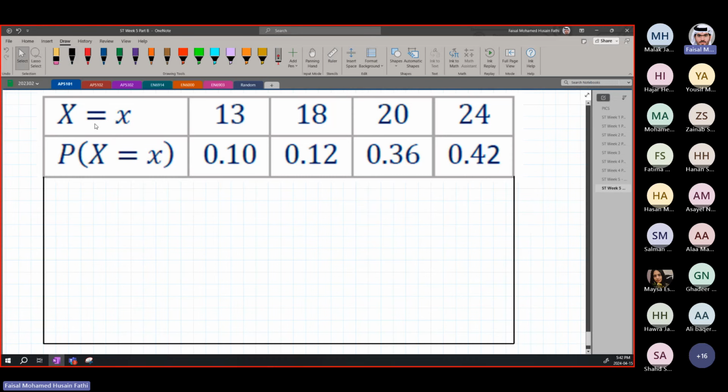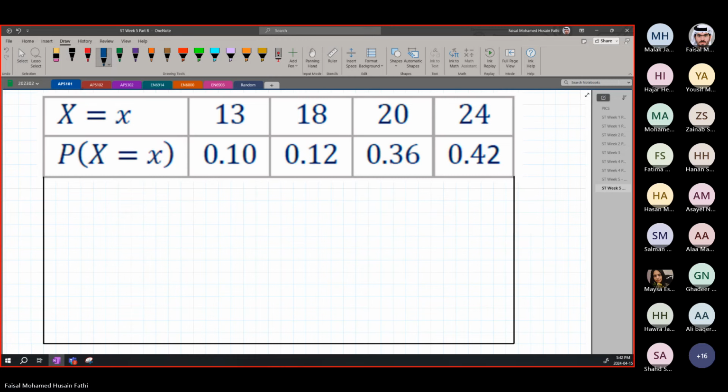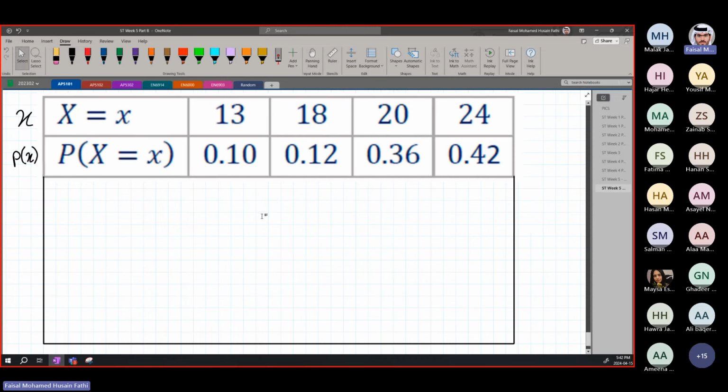So we have our x, we have our p of x. This x and p of x is the same as just saying this is your x, and this is your small p of x. This is just the way they do the notation.